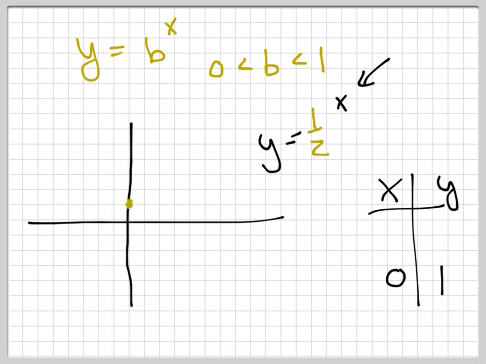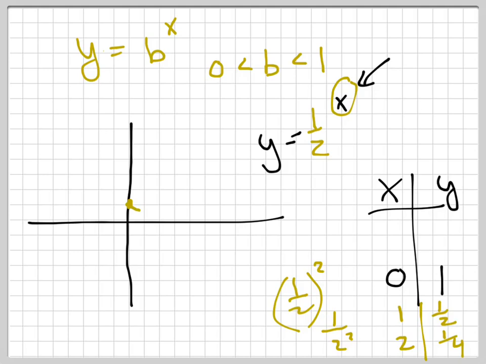But what's the difference? When I plug in positive 1, what's 1/2 to the positive 1? 1/2. What's 1/2 squared? It's 1 over 2 squared, which is 1/4. You follow what I'm doing? So what's going to happen to the right?